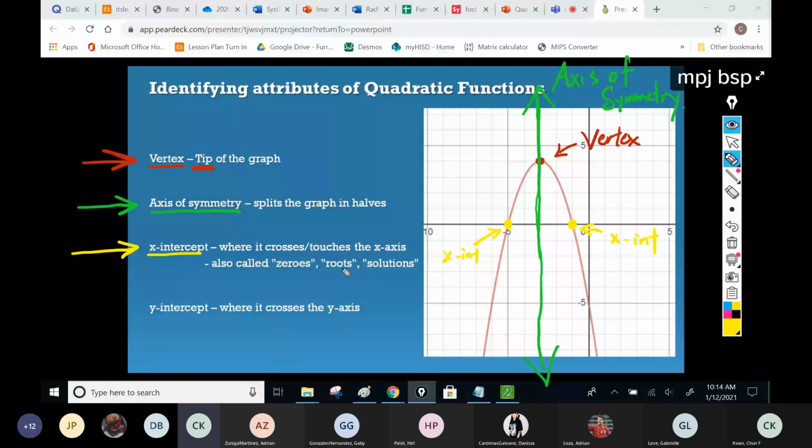We can call it zeros, roots, or solutions. So x-intercept, there are a lot of terms for it. We can call it x-intercept, zeros, roots, or solutions. So all four of these are correct, and all four refer to the x-intercept where it crosses the x-axis.